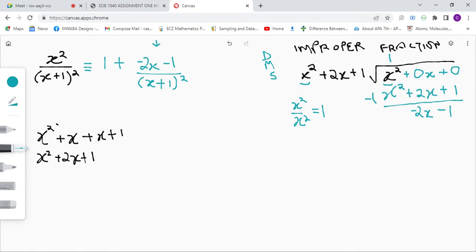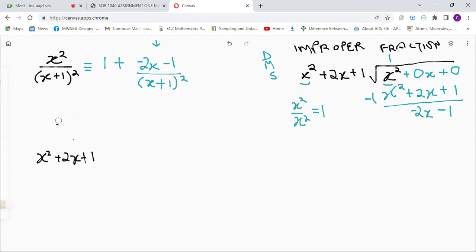One thing we should also take note of is that we have a repeating linear denominator. So let's go to our next step. We put our identity symbol here. We have 1 plus, and we're going to break this into 2 factors.